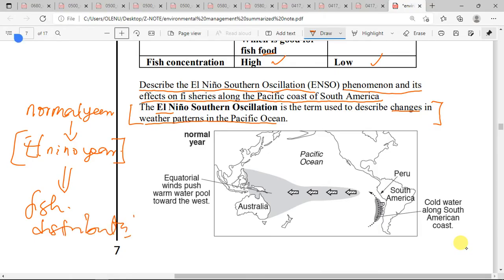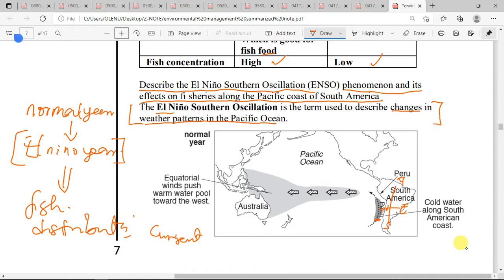Now, quickly, this phenomenon occurs within the Pacific Ocean, and it involves two major currents. So you need to know the names of those currents. The first is the Peruvian current, which is along the coast of South America, basically the west coast. This is west, this is east, this is north, and this is south.